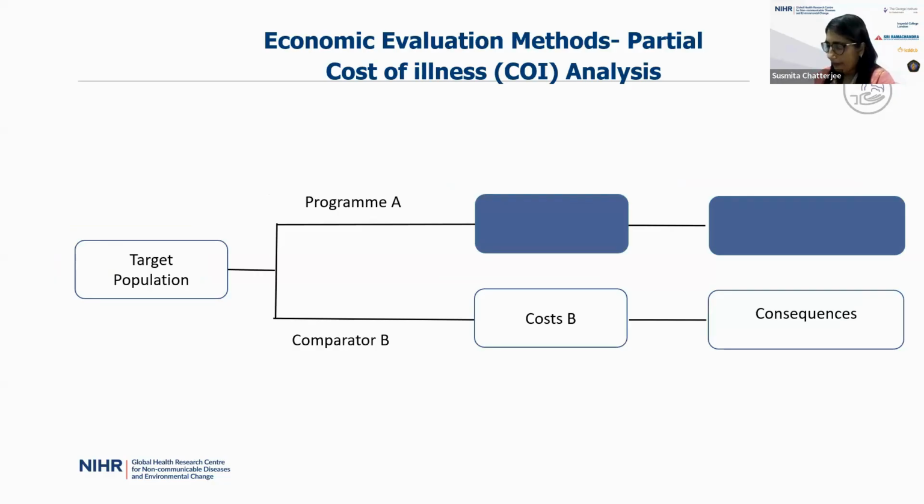Say, for example, now you come to COVID-19, the disease. You want to do a cost of illness study. What basically you will do is, you will try to estimate what is the cost for treating the COVID-19 patient. It can be the patient cost, it can be the service cost, it can be any other cost, but you are not thinking of the vaccination, you are thinking of the disease.